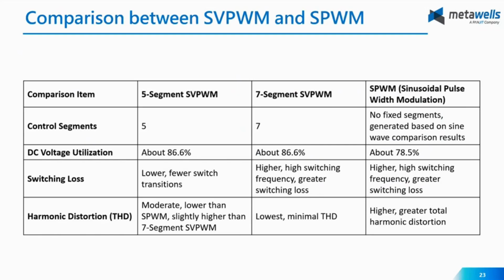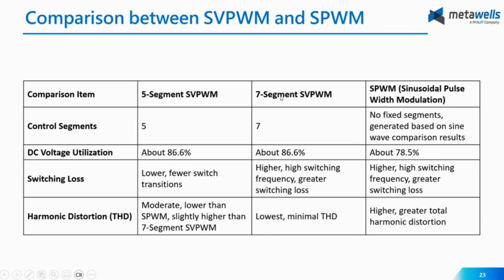Okay, this page compares several PWM modulation techniques, including SPWM. SPWM, the name is sinusoidal pulse width modulation. This is a traditional and basic PWM modulation. And it also includes 5-segment SVPWM and the 7-segment SVPWM.